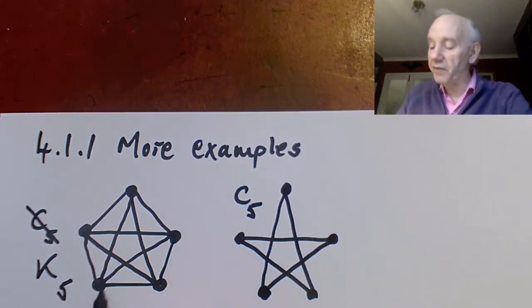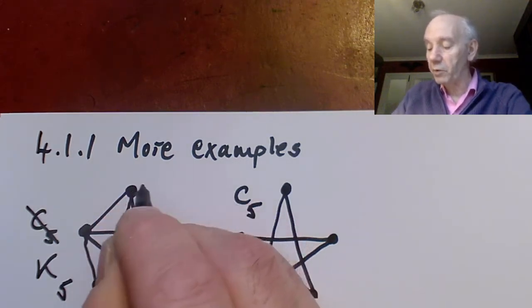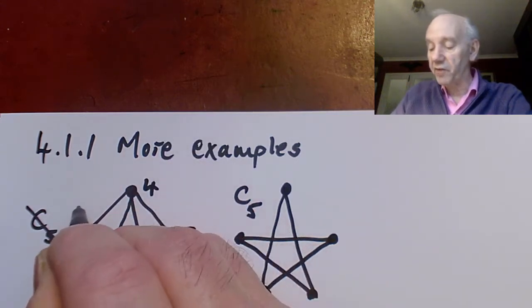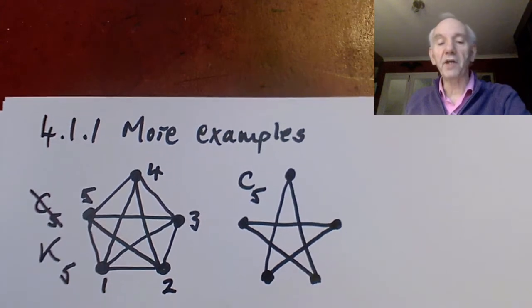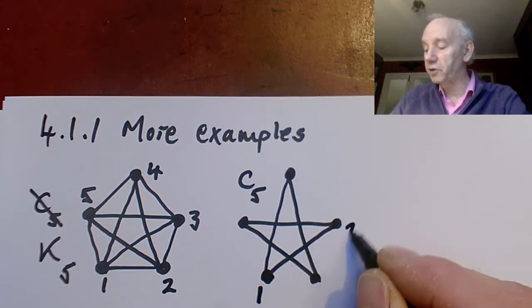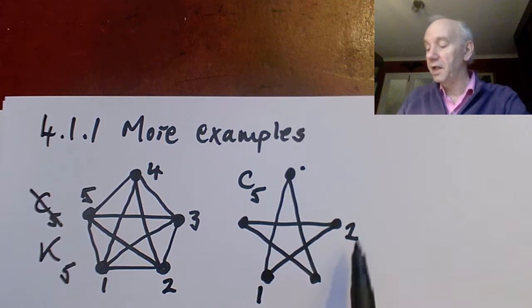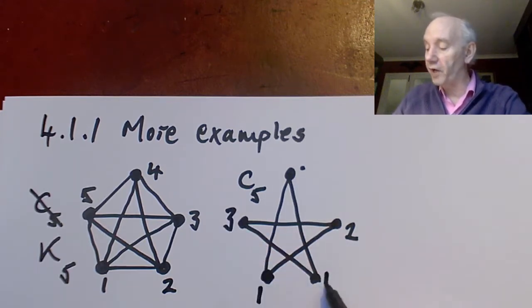Because let's say if I label the vertices like this around the pentagon, which remember before we added the inside was the cycle C5, I can make those correspond in this picture. If this is 1, it has to connect to 2, so I have to put the 2 there, or I could have put it there, it doesn't matter. And then the 2 connects to, say, the 3, so we put the 3 there, and the 4 there, and the 5 there.